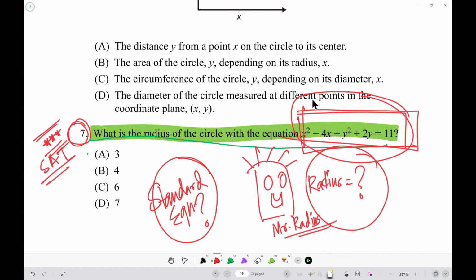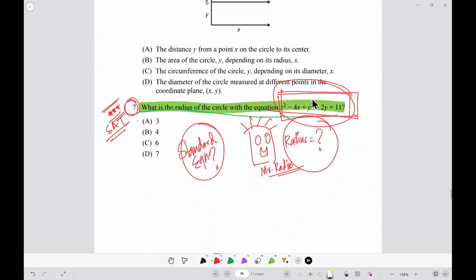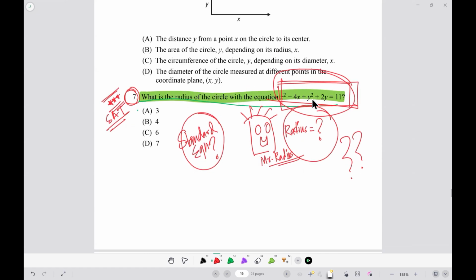Okay, then what can we do? Maybe combine like terms.